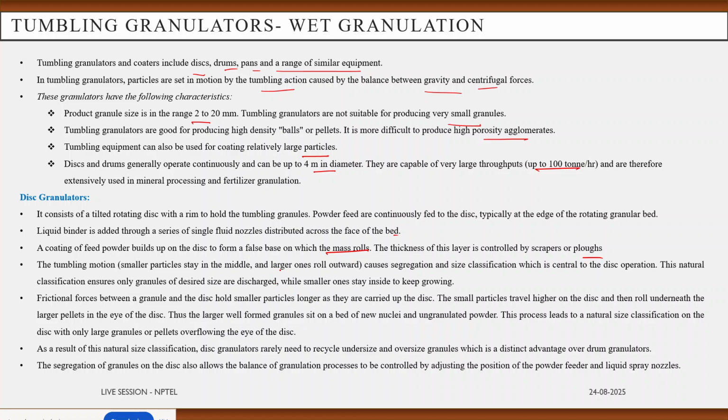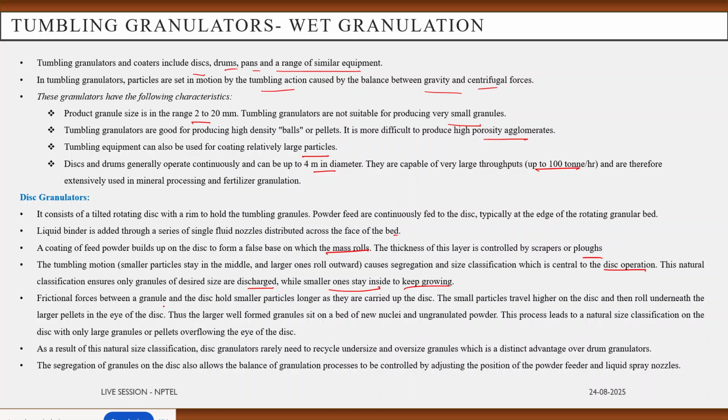In the tumbling motion, the smaller particles stay in the middle and the larger particles roll outwards. So they cause segregation and size classification, which is central to the disc operation. This natural classification ensures only granules of the desired size are discharged, while the smaller ones stay inside to keep growing and agglomerating further.